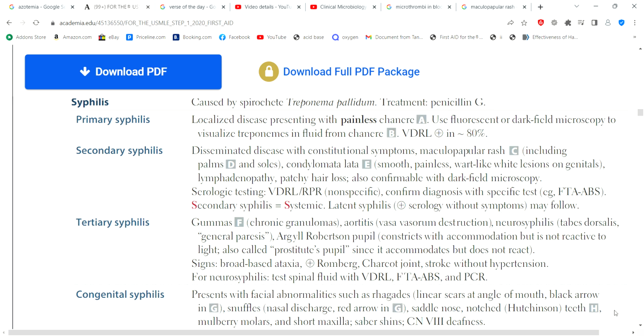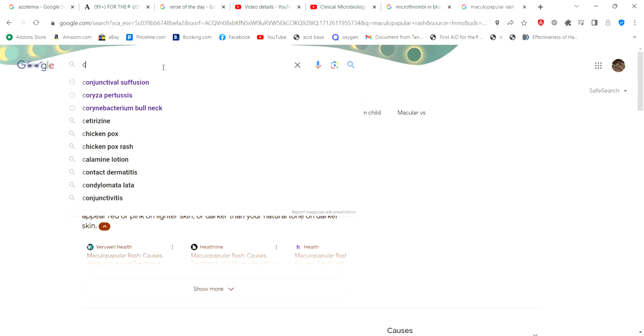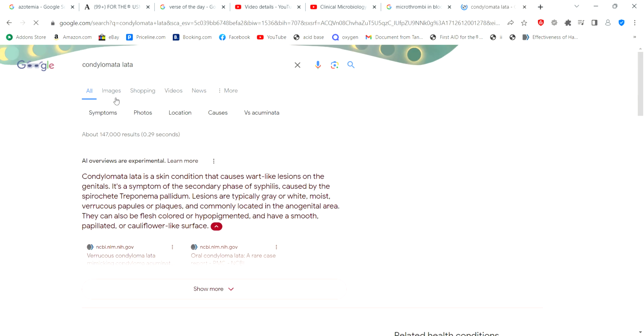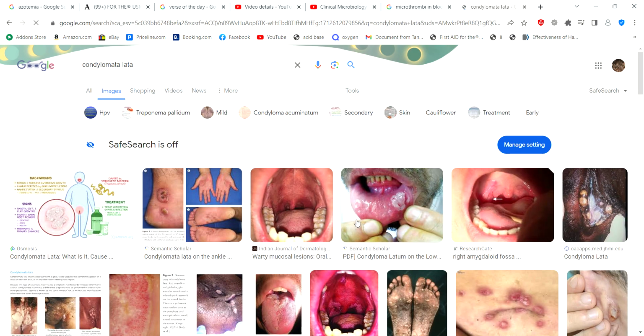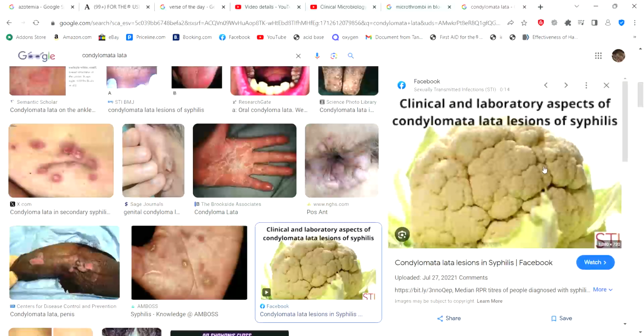You can look up more pictures if you'd like. The reason I'm showing you pictures is that you're never going to forget it. You're never going to forget condylomata lata if I show you what this is. See, it looks like cauliflower.